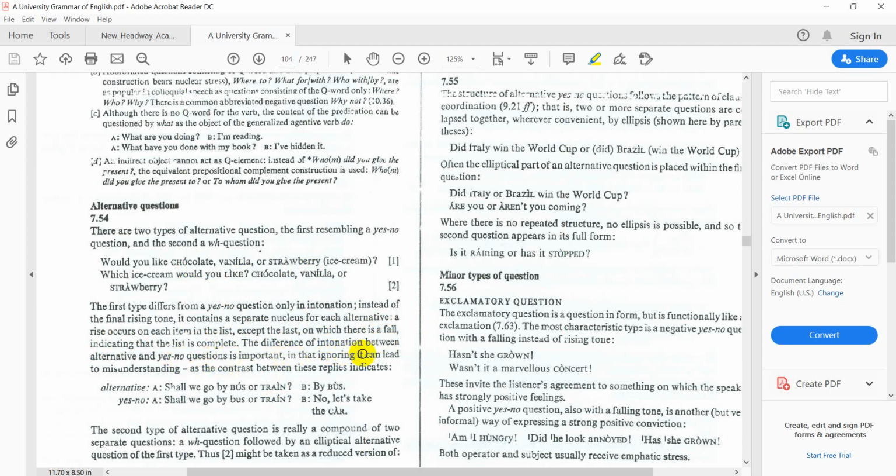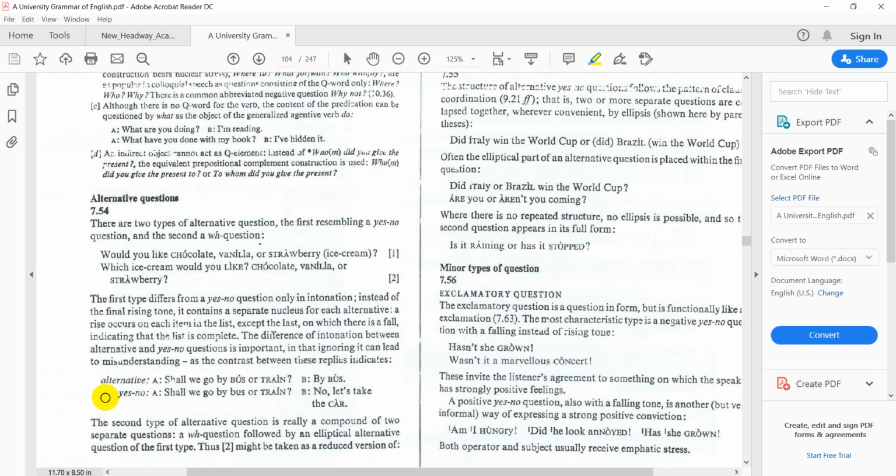The difference of intonation between alternative and yes-no questions is important. Of course, you have to differentiate between the two. If I ignore the intonation, it can lead to misunderstanding, and the reply will not be proper, will not be correct, as the contrast between these replies indicates.